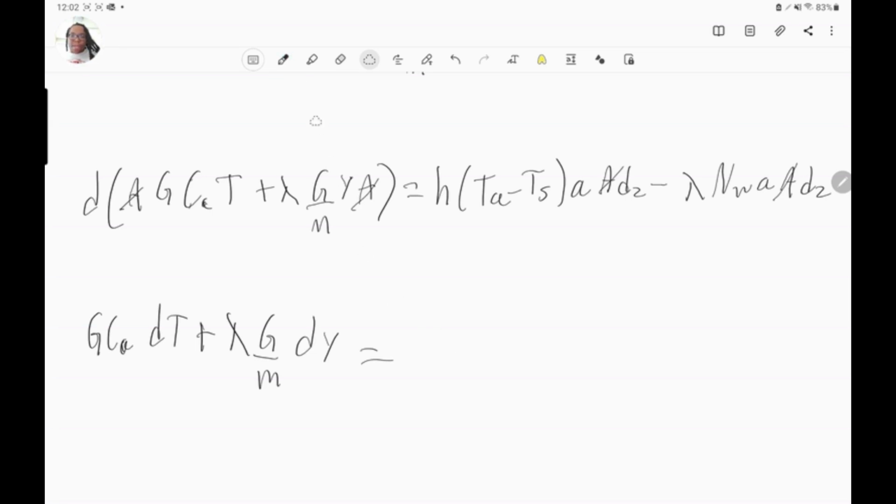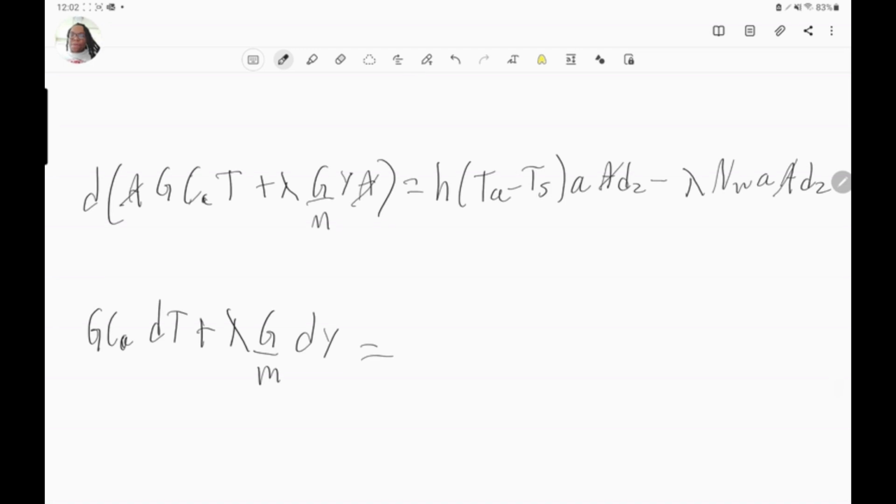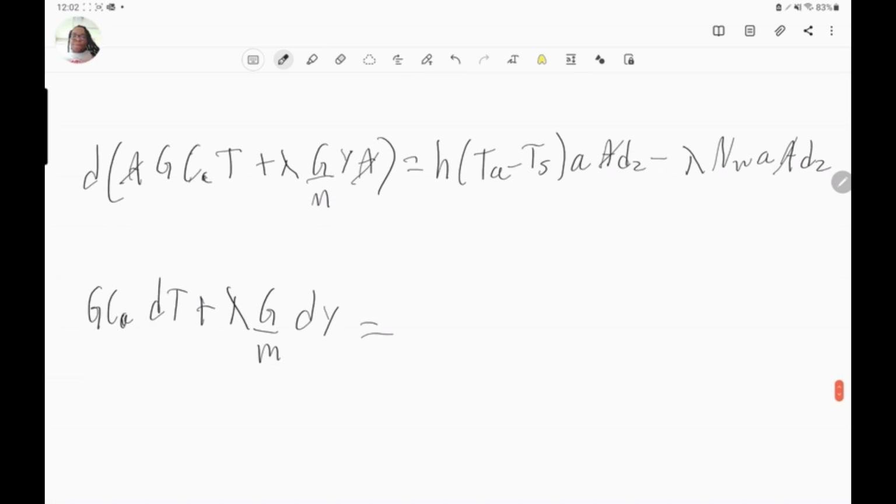I'll actually rewrite it. I'll come back to that one. But as I rewrite this, we can see that I'm going to go ahead and move these DZs over right now, divide them over for our use here.